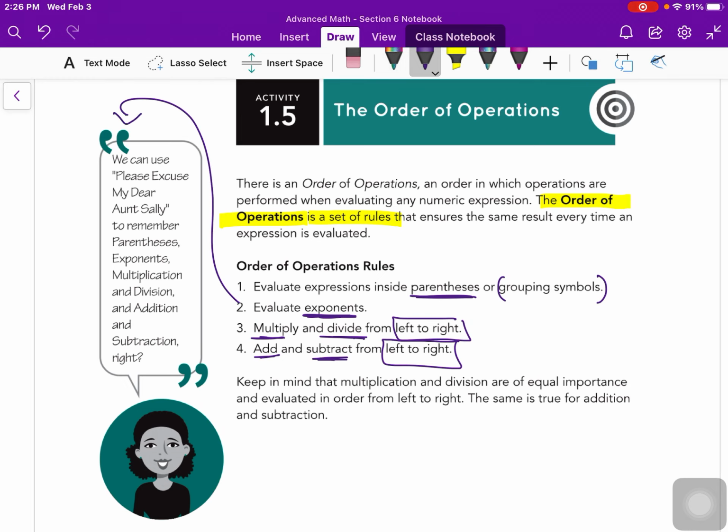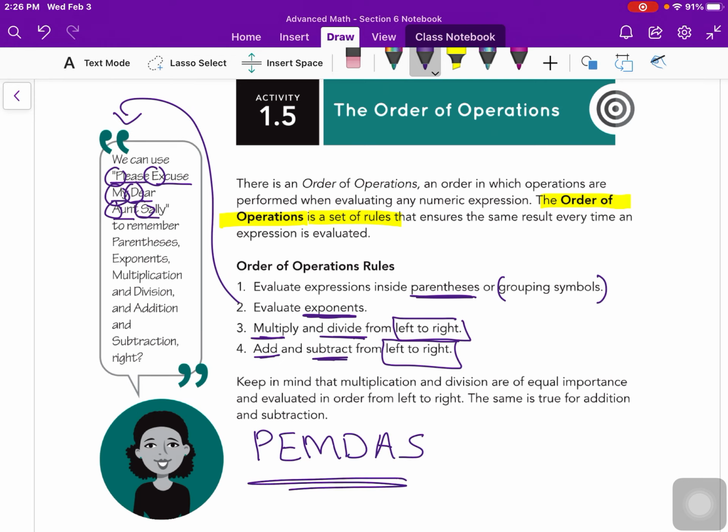The little saying we have right here is, please excuse my dear Aunt Sally, with each of the very first letters being what we do and in what order, to remember parentheses, exponents, multiplication, and division. You'll also sometimes see it written like this: PEMDAS.